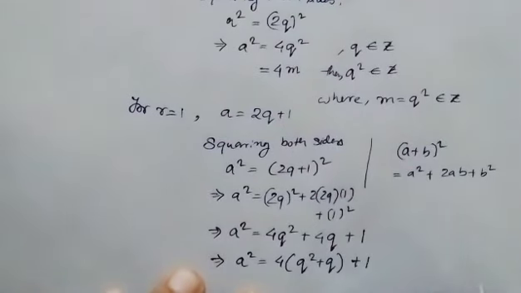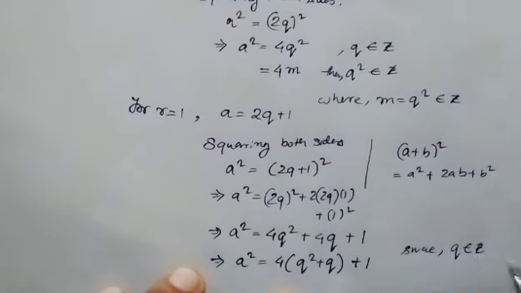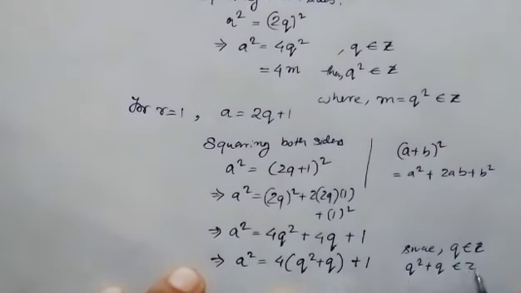Since q belongs to an integer, q square plus q will also belong to an integer. Let us consider this q square plus q to be m.